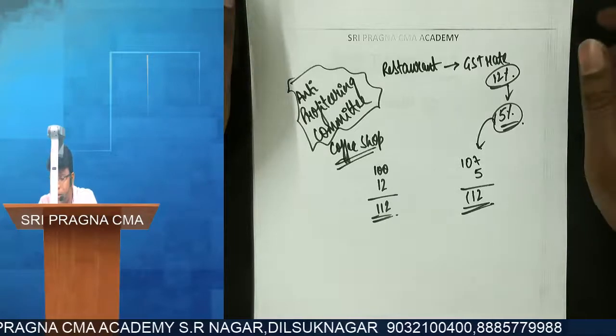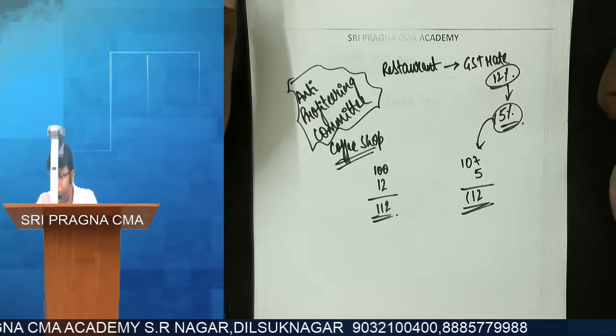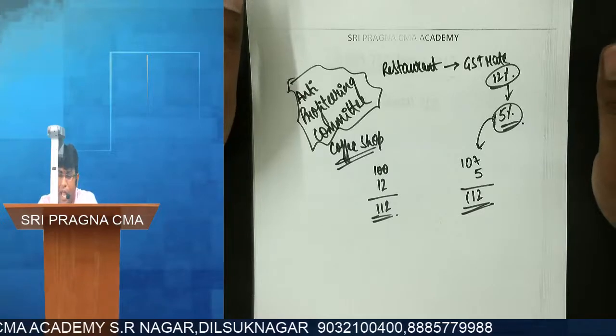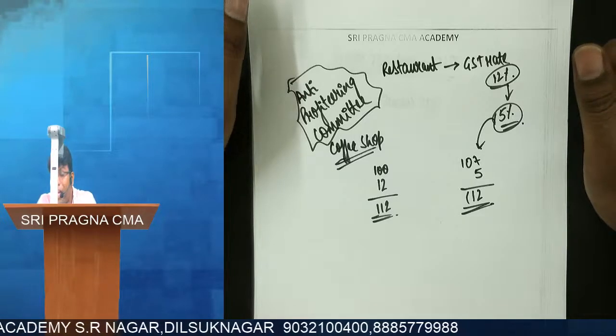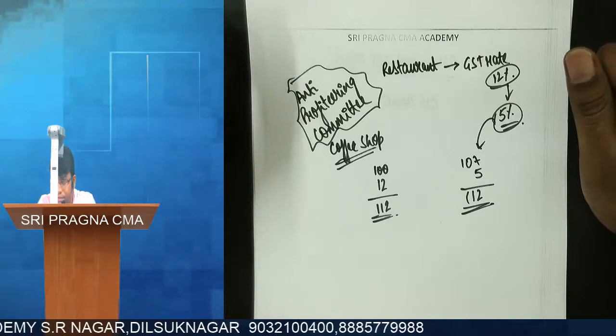Did you write this point? Please write down, very important. I'll tell 2 points, write down. Number 1. Objectives of Anti-Profiteering Committee.